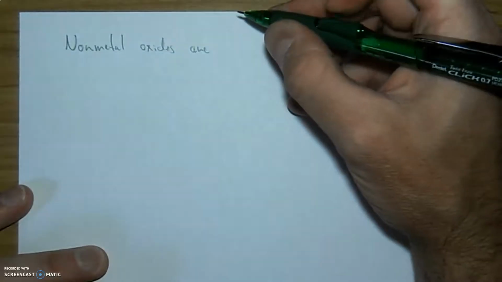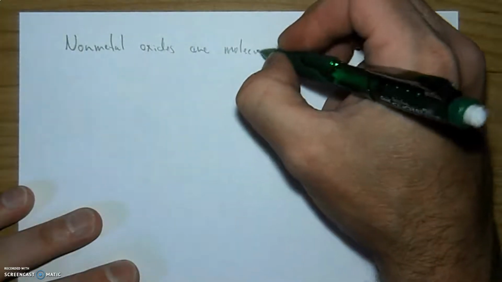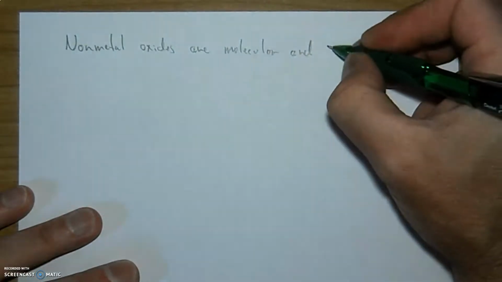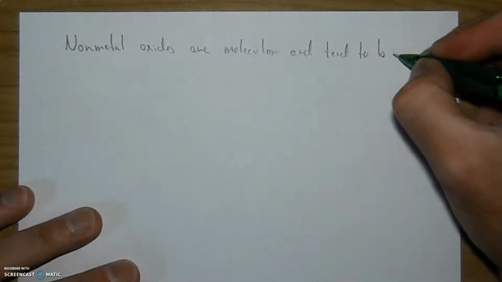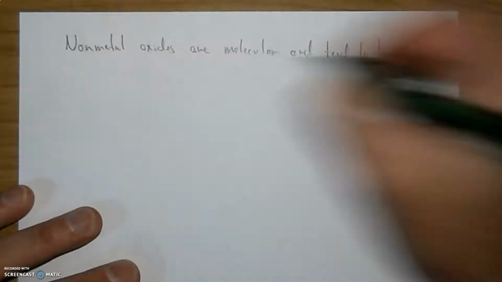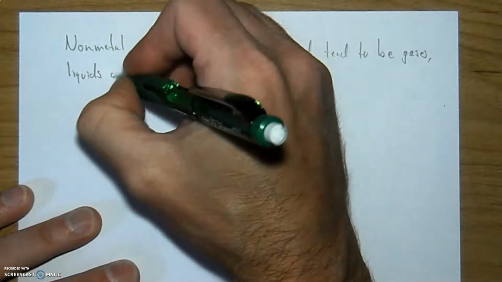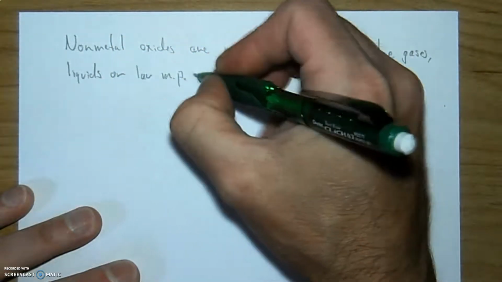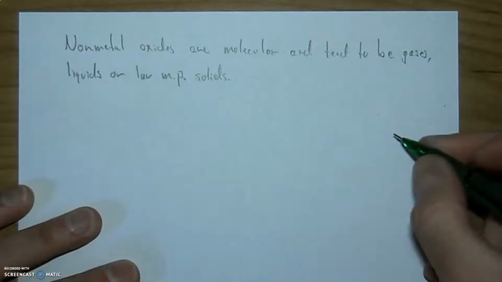These typically tend to be molecular and tend to be either gases, liquids, or low melting point solids, low melting point solids.